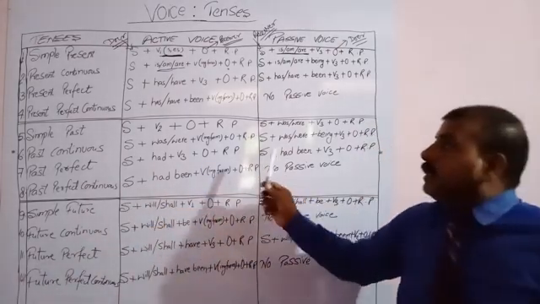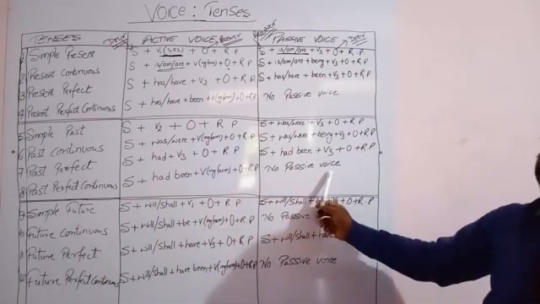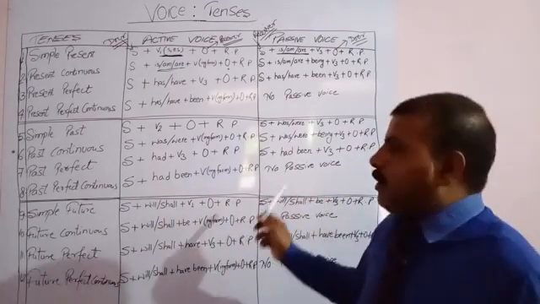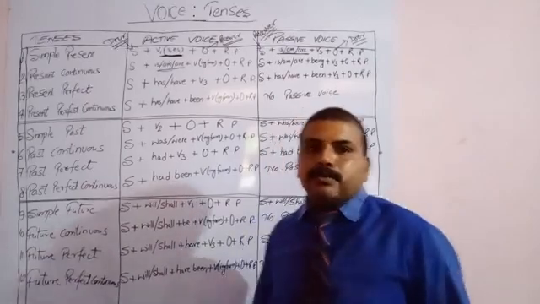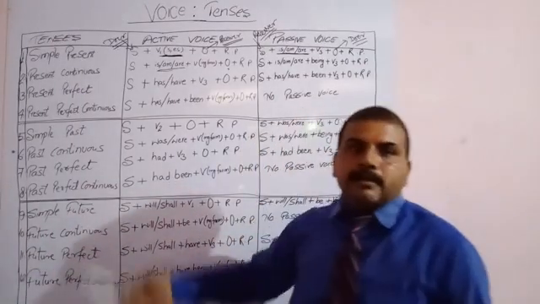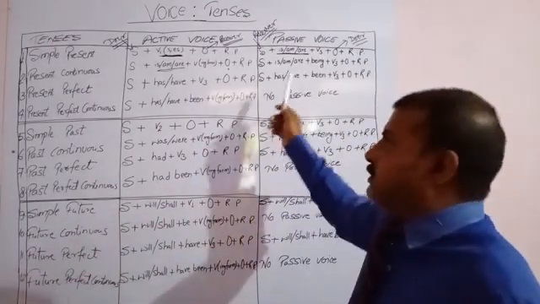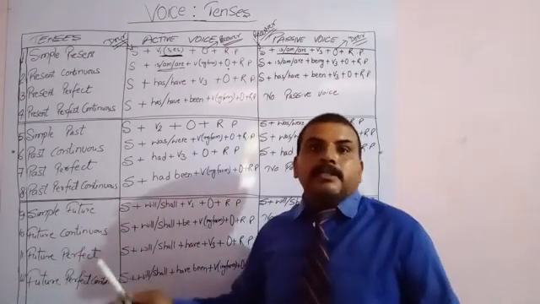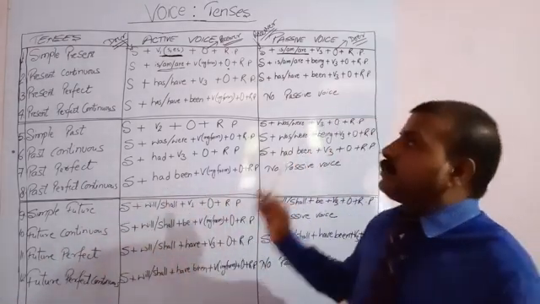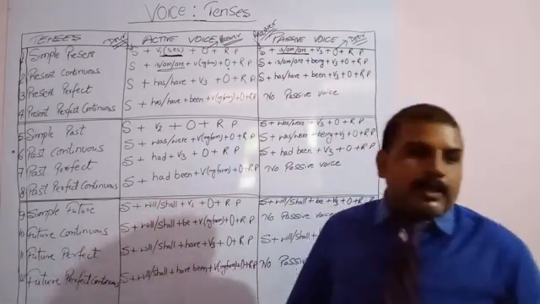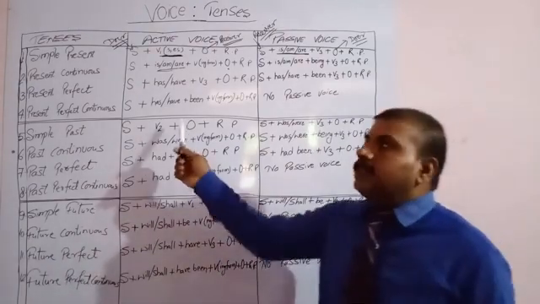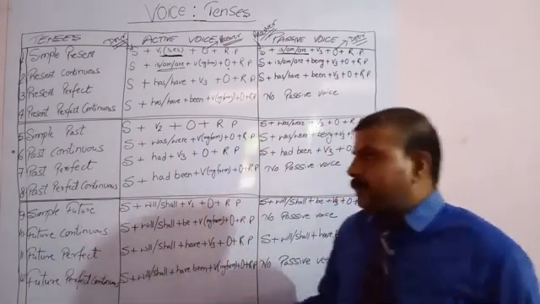But in a few cases we can make the passive voice of past perfect continuous also. We will learn about that in another video, but here just try to understand the structure for active voice and passive voice in different types of tenses.